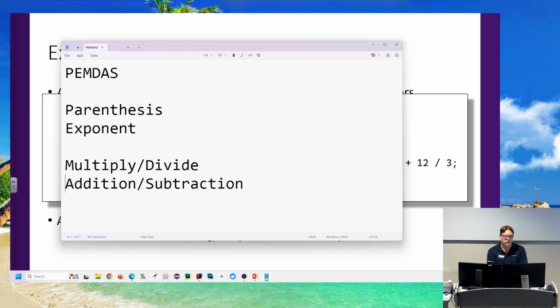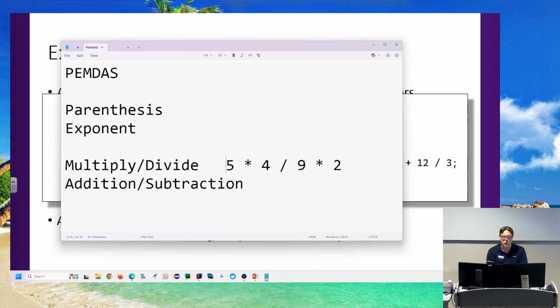So if you see 5 times 4 divided by 9 times 2, there's a little bit of concern. Wait, is it 5 times 4 divided by 9 times 2, or is it 5 times 4 divided by 9 times 2?